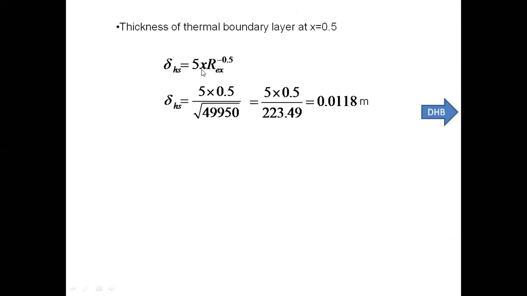Delta hx is equal to 5x into 1 divided by square root of Rex. So if I substitute that, I will get a value of the boundary layer thickness at a distance of 0.5 meters from the leading edge as 0.0118 meters. That will be around 11 millimeters. Okay.